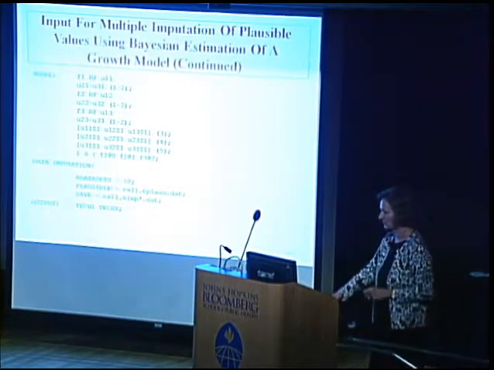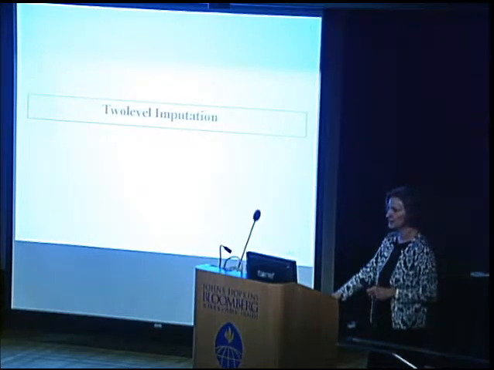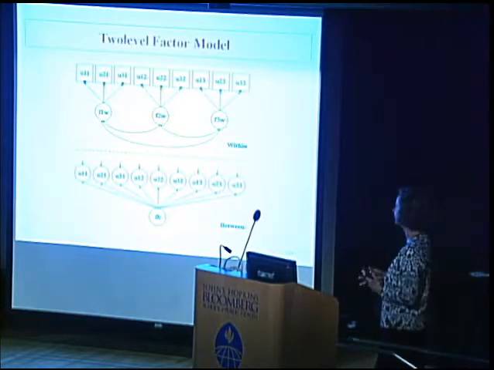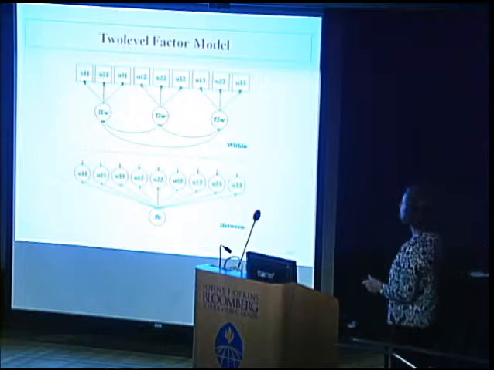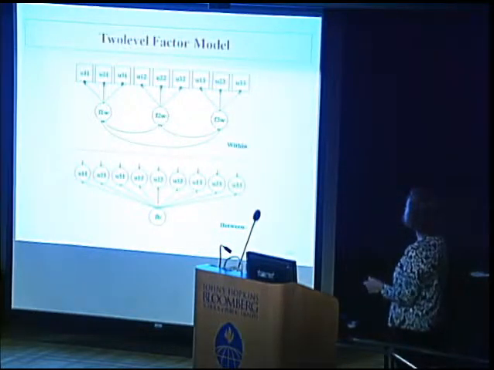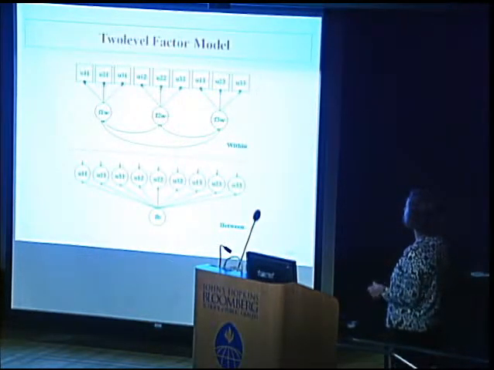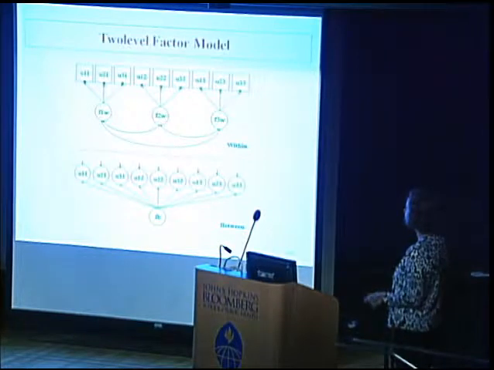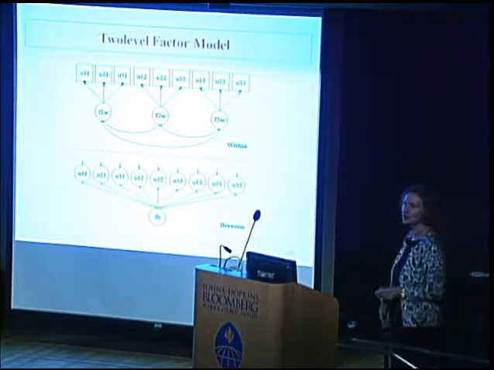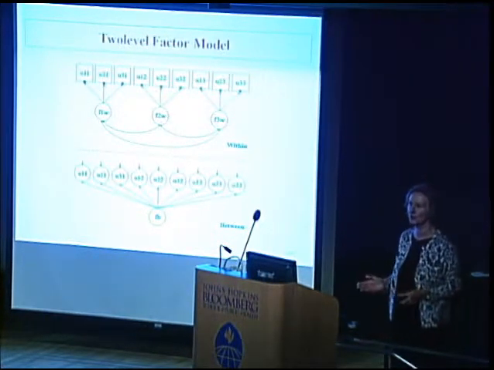Another example of how you might use this, and this is in the two-level setting. In two-level data imputation, sometimes there's a problem if you try to generate according to the H1 model.